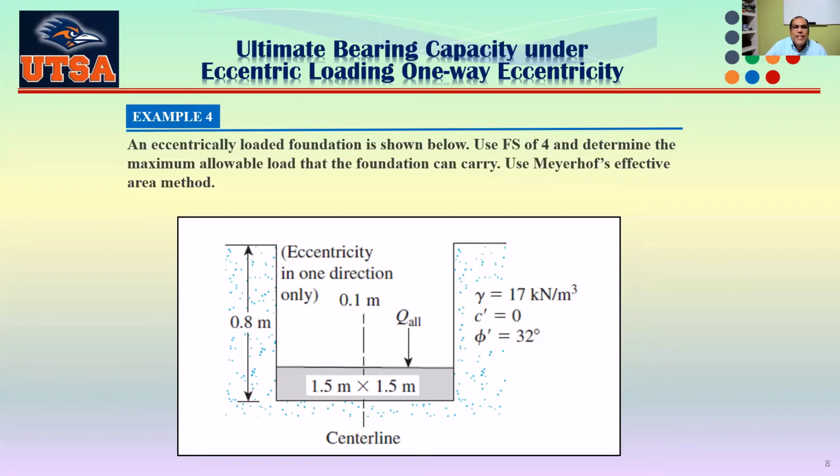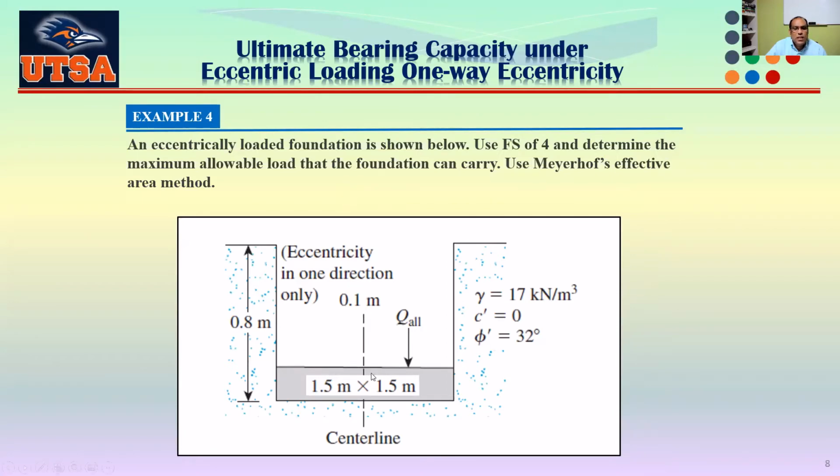So this is the second problem I'm going to solve here. If I read this problem: an eccentrically loaded foundation is shown below. Use a factor of safety of 4 and determine the maximum allowable load that the foundation can carry. Use Meyerhof's effective area method.